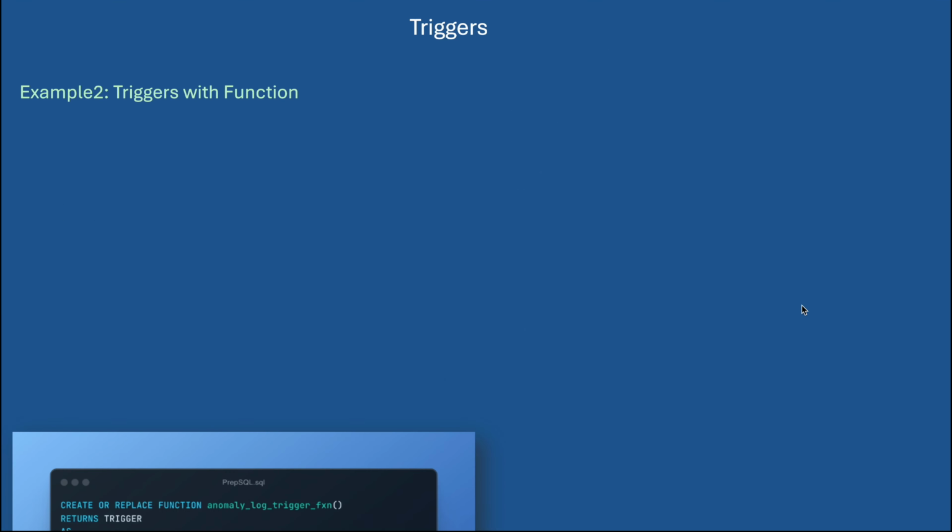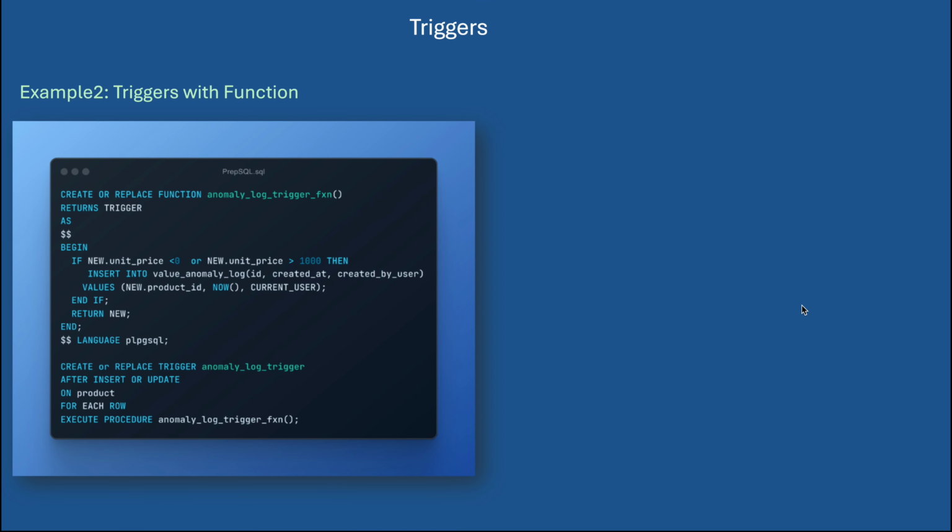Now moving ahead, for the trigger function definition, we'll define a function first, and then we will use that function to create a trigger. Here we define the anomaly log trigger function, and we use that in the anomaly log trigger. You just use the create or replace function keywords and then give it a function name, and it returns a trigger, and then in the begin statement we define what the function does.